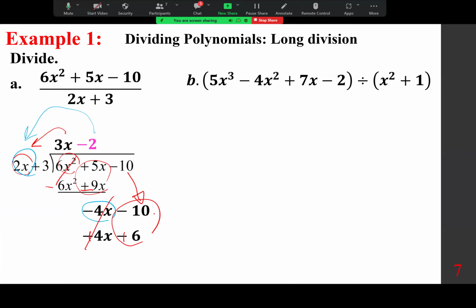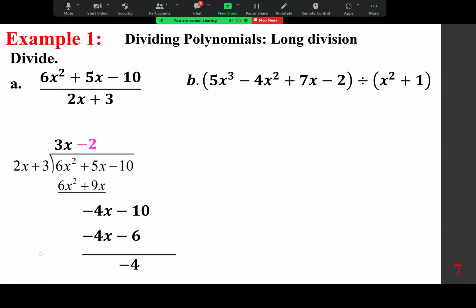And this gives you negative 4. Which means, let me just clean up the mess. Which means, when you do this division, the answer is 3x minus 2 with the remainder of negative 4. So you could write it in this fashion, 3x minus 2 plus negative 4 over 2x plus 3.